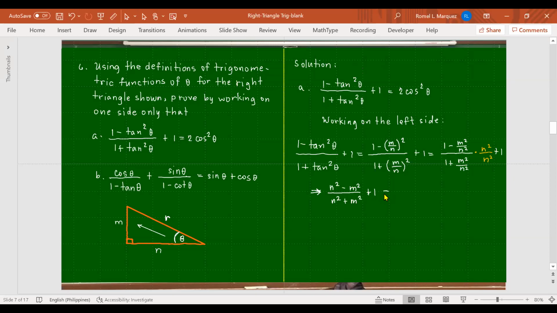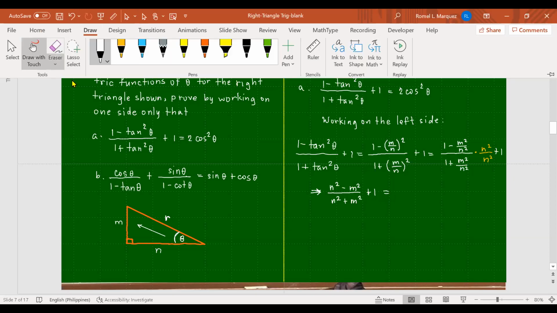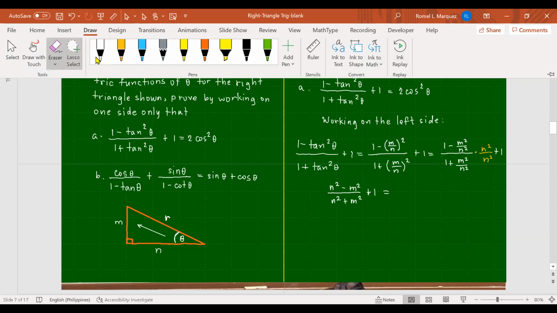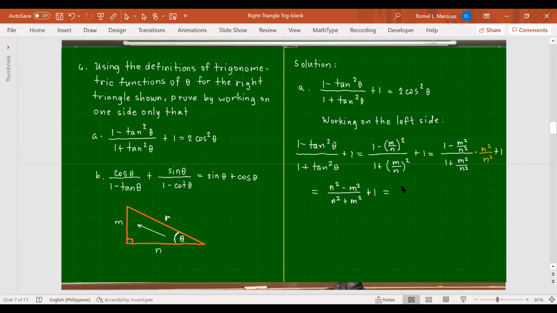So getting the LCD, we now get what? So that is equal to n squared minus m squared plus n squared plus m squared.